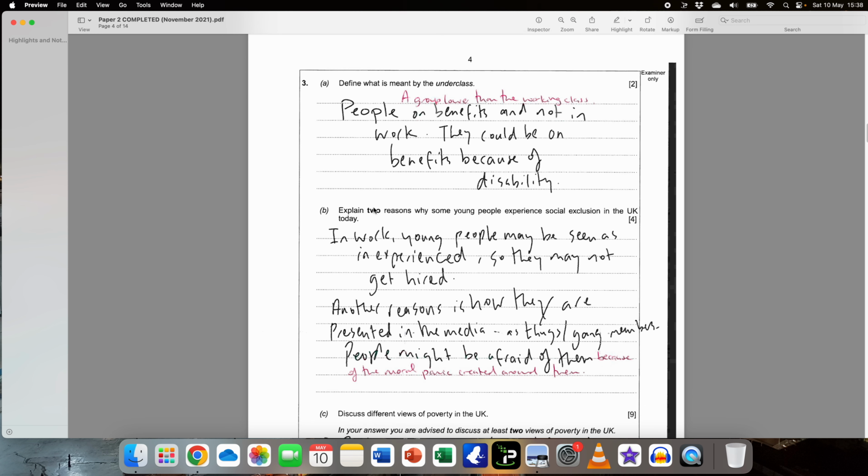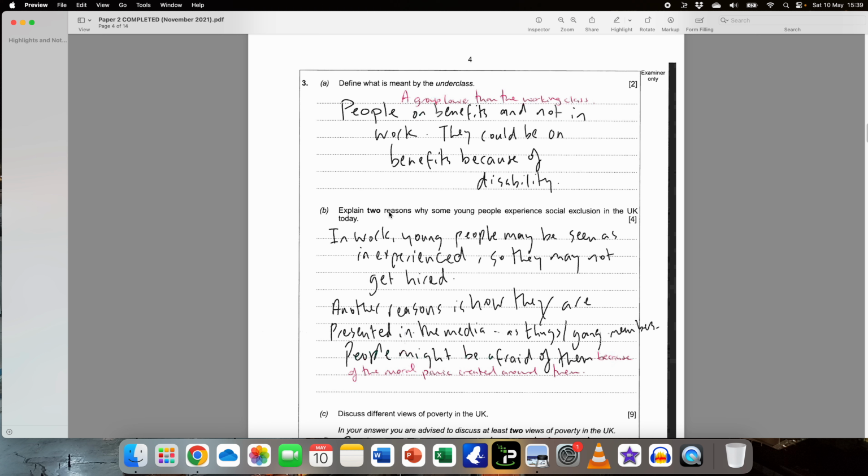3B. Two reasons why some young people experience social exclusion in the UK today. So social exclusion is in the revision booklet, near the back. The heading is who suffers exclusion and how. So two reasons why young people experience social exclusion.